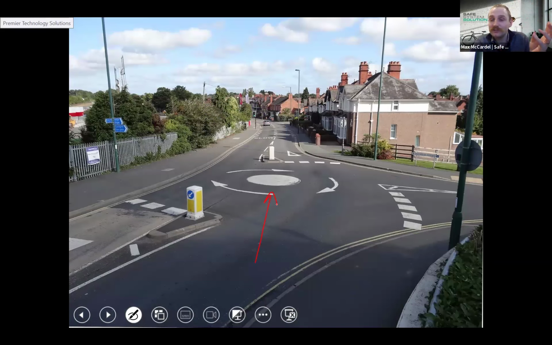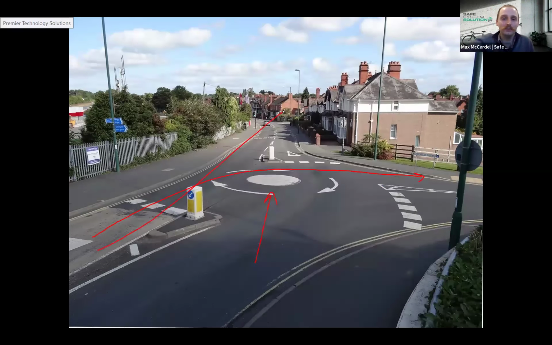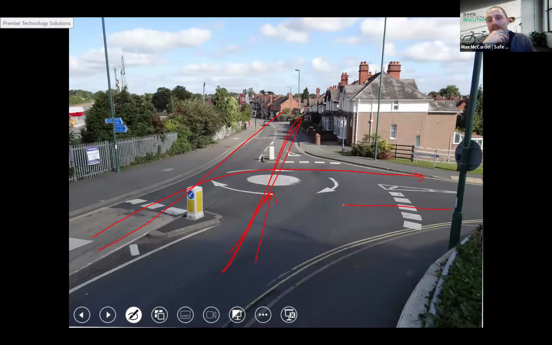So in this instance, it's actually just paint that has been used to demarcate that central area. So if you were turning right, it's likely that you'd just drive straight over that thing. And that's okay. What this has done though, is it no longer assigns the priority to one thoroughfare.